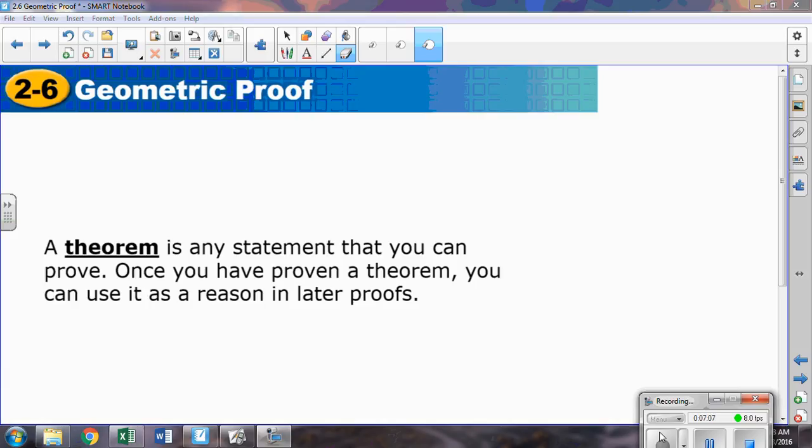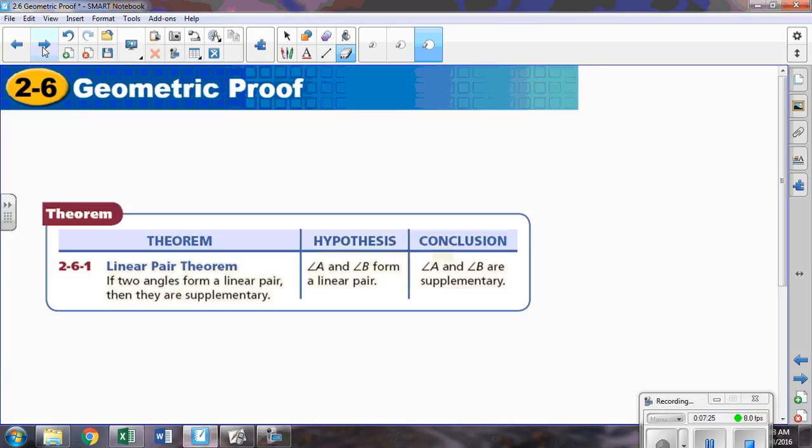As something that you know is true, you can use it as a justification for all future proofs. Basically, they will serve as shortcuts so that instead of having 12 lines in a proof, you can cut it down to 6 lines. Or maybe instead of having 6 lines, you can cut it down to 3. Theorems will be shortcuts that will make things simpler for you.